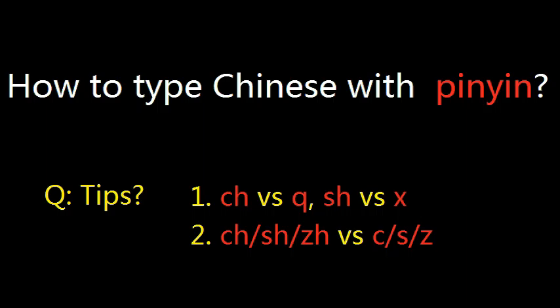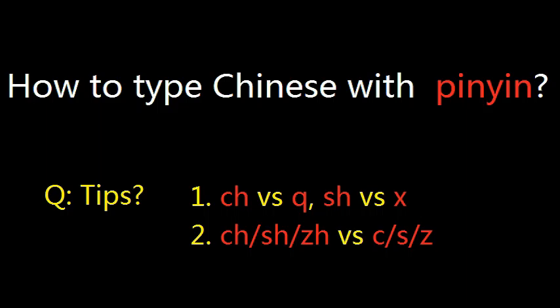We need to learn how to distinguish them from non-retroflex initials C, S, Z, which are pronounced as C, S, Z, while CH, SH, ZH are pronounced as ch, sh, zh.